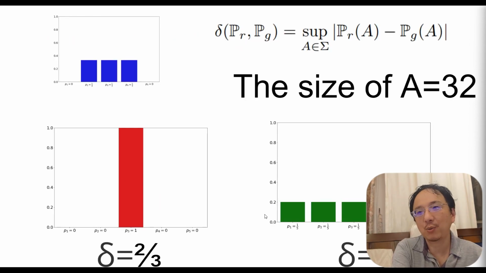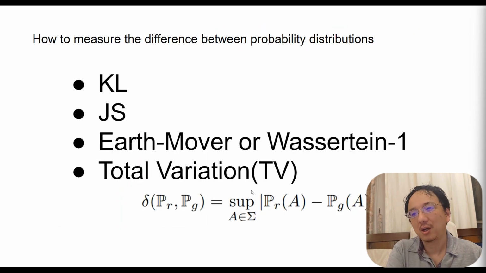So what is total variation? The definition seems a little bit complicated. We find an event, in the terminology it's called an event, that maximizes the difference between these two probability distributions.